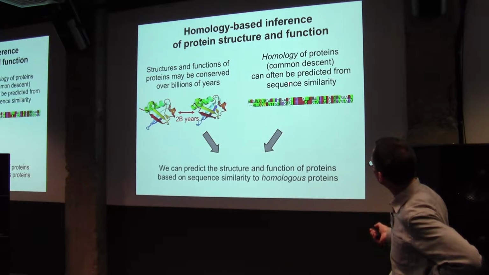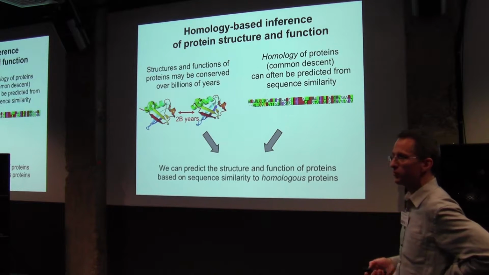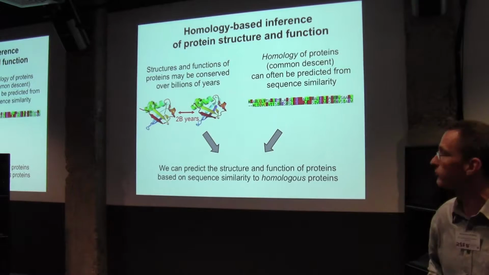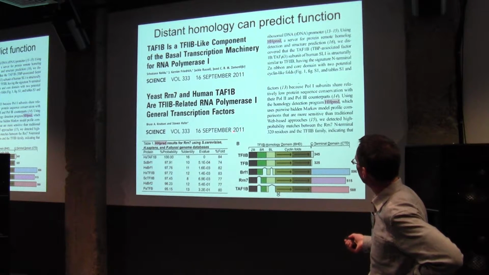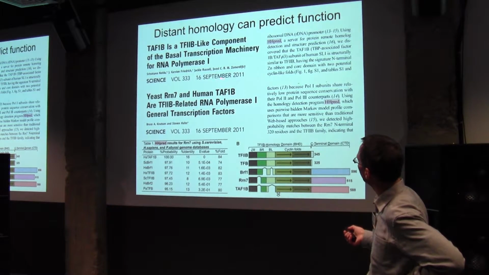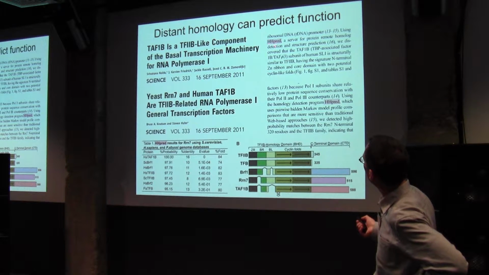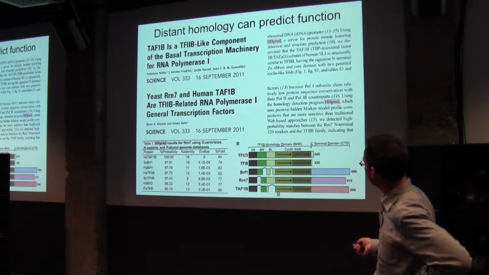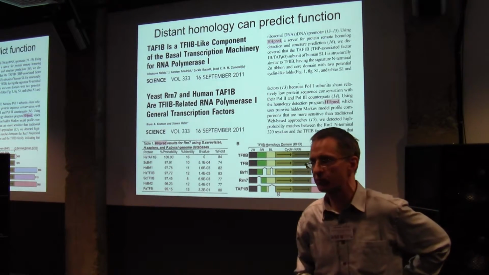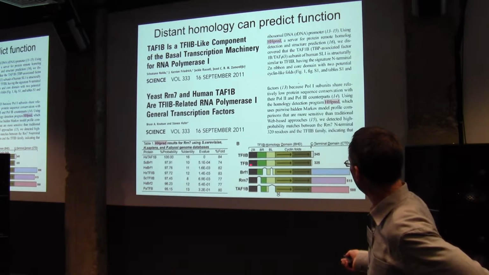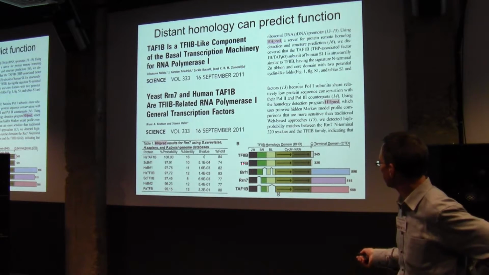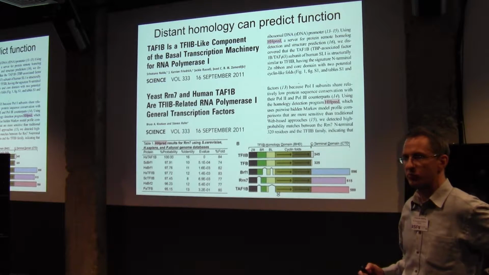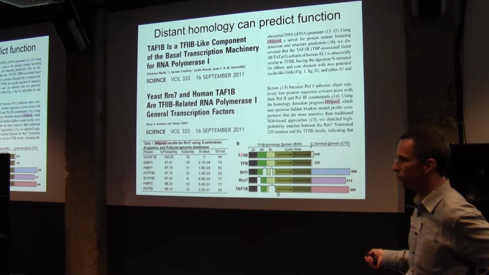So the role of sequence searches is, of course, to find those similar sequences and to use them for predicting the function of your protein of interest. Just to give you a few examples, in 2011, two papers came out back to back in Science, and they had both used HHpred to find the function of a protein that was known to be involved as a general transcription factor in Pol I. This is called TFB in humans and Rrn7 in yeast, and they found it was full-length alignable in HHpred with a protein that is very, very well studied from Pol II called TFIIB.